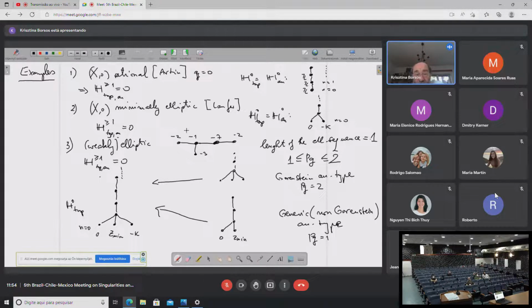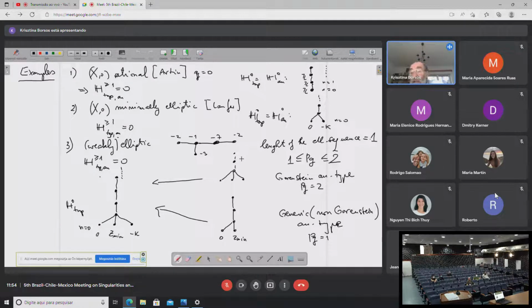For example, in this graph, number three, this is a resolution graph. That is not minimal elliptic. If I delete this last minus 2, then it's minimal elliptic. In that case, the analytic and the topological theory coincide. But if it's not minimal elliptic, then in the Gorenstein case, pg is 2, while for the generic analytic structure, pg is 1.